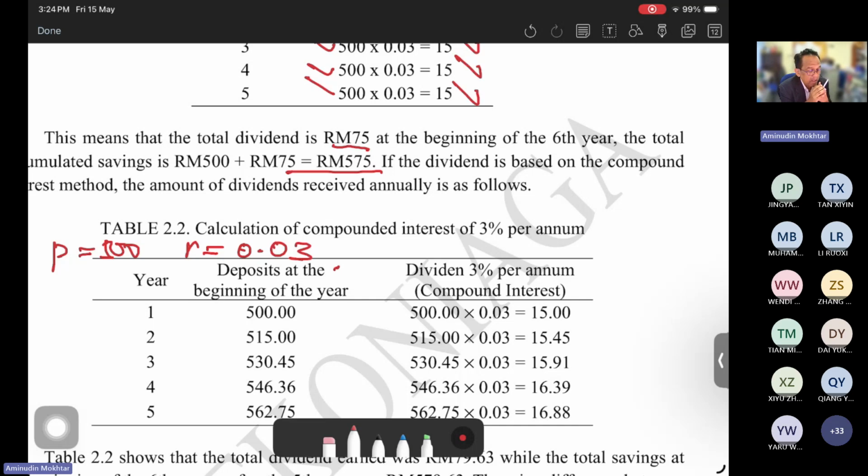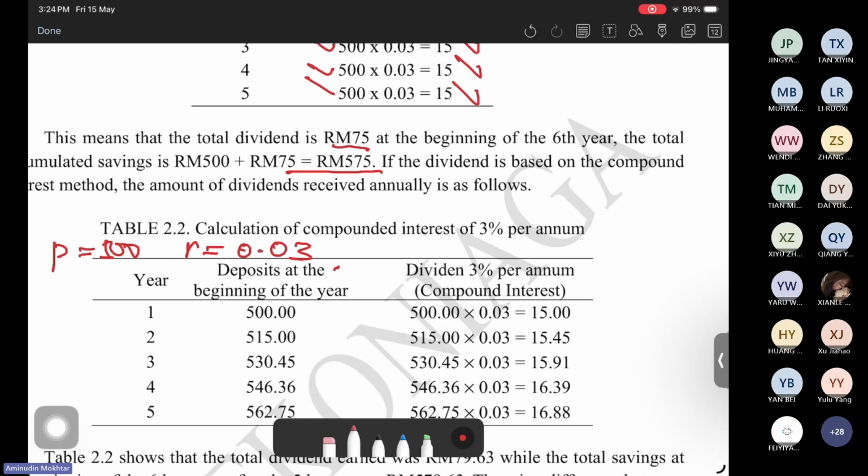Compounded means the dividend is calculated based on the principal plus the accumulated dividend, but with the condition that all the amount, the principal plus the dividend, is still in the saving account. That is what we call a compound interest.